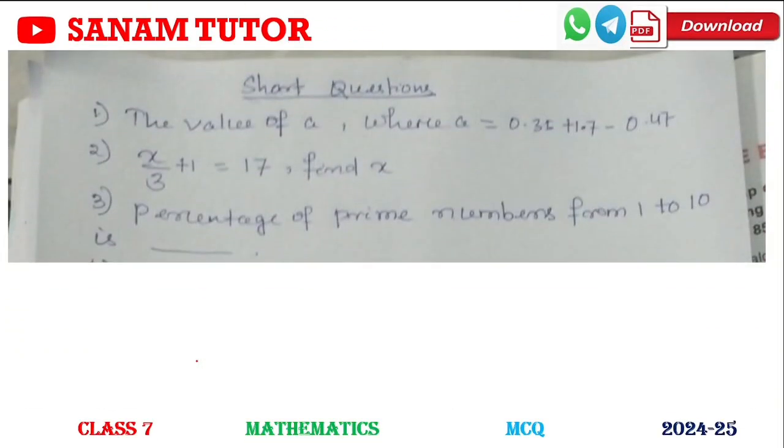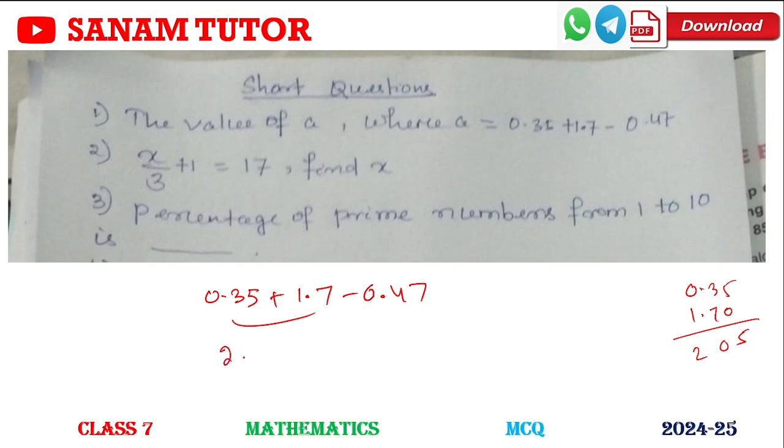Find the value of a where a is equal to this. So a means 0.35 plus 1.7 minus 0.47. First we add: 0.35 and 1.70 gives 2.05. Then 2.05 minus 0.47, simply subtract, that gives 1.58.